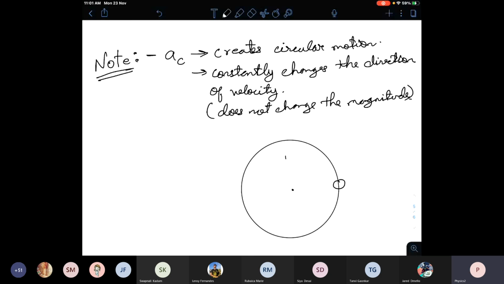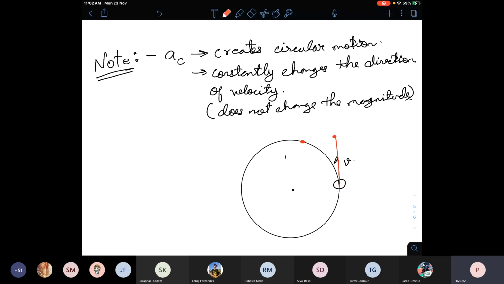Because of this linear velocity, the particle should have moved like this. It should have traveled over here after one second, just for example. After some time it should be over here, but it is somewhere here on the circular path.